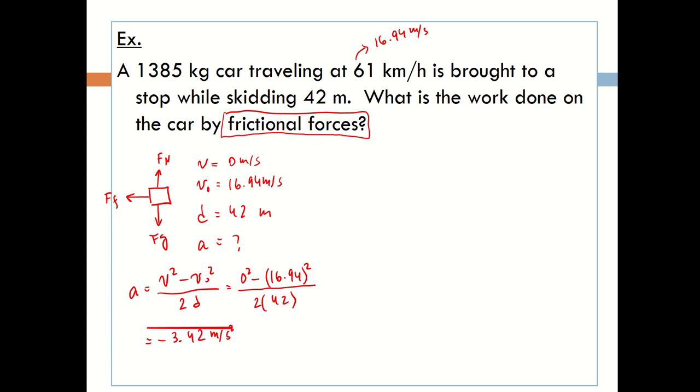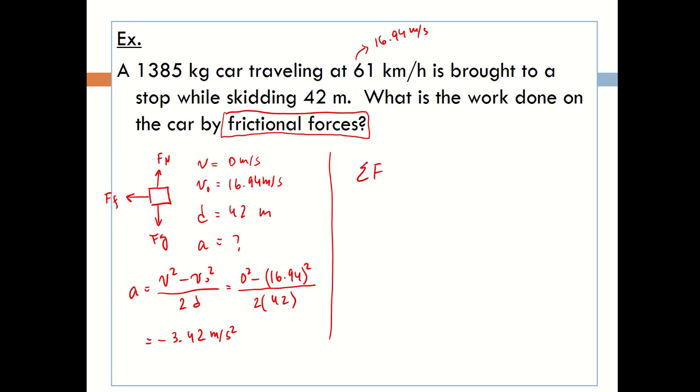Okay, so the reason the acceleration is negative is because the car is slowing down, so it's acting in the opposite direction of motion, so that's why it's negative. So now that we know the acceleration, we can come up with the F net equations. Now we're going to use dynamics. So we used kinematics first. We found the acceleration. Let's write the F net equation to find the force of friction.